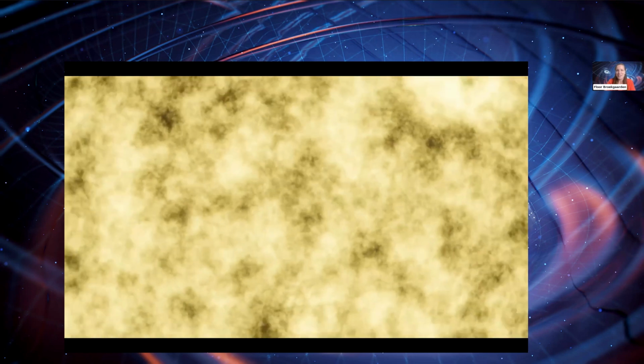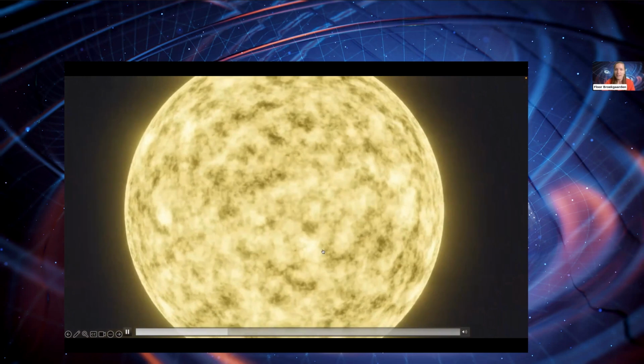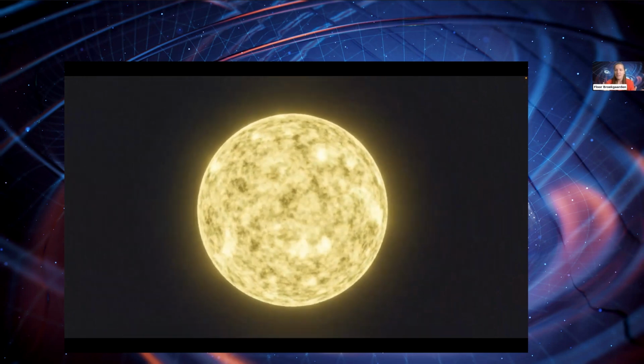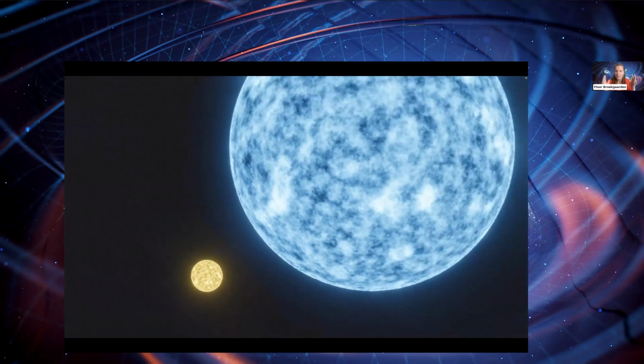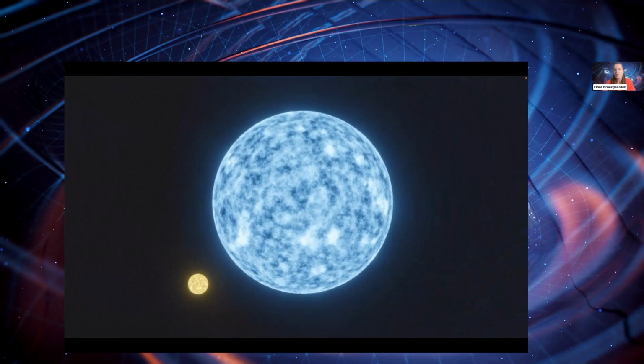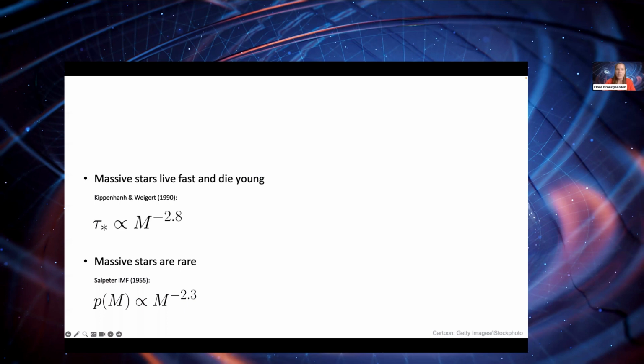But to start, compared to our sun that's shown here in yellow, the massive stars that I'll be talking about are stars that are 10 to 200 times the size of our own sun. They're extremely rare. The IMF, the initial mass function, tells us that only 1 in every 1,000 stars is typically formed as such a massive star.